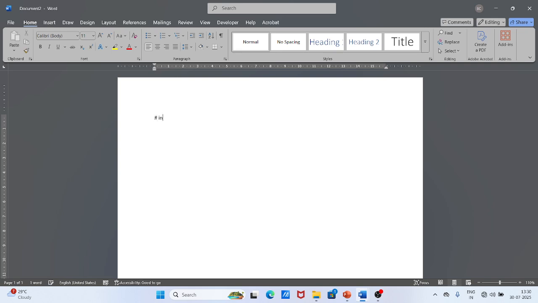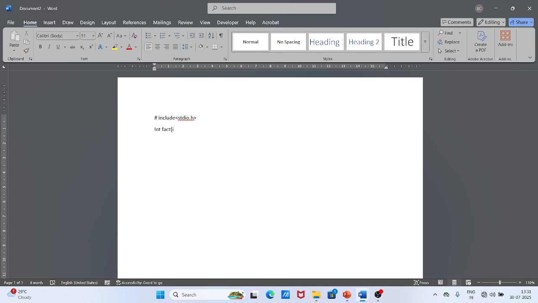include stdio.h. After that you write int factorial, or you can take the name fact. This is user defined, you can take anything.